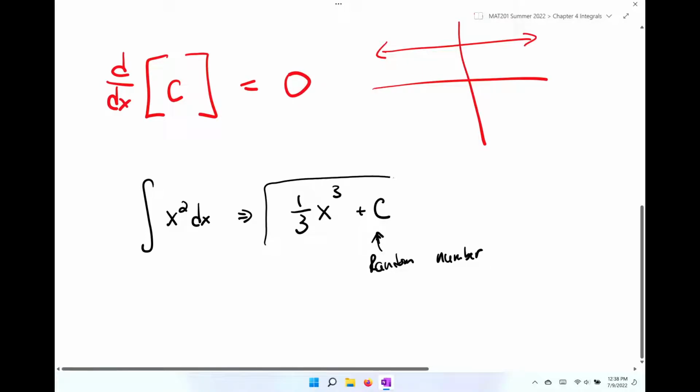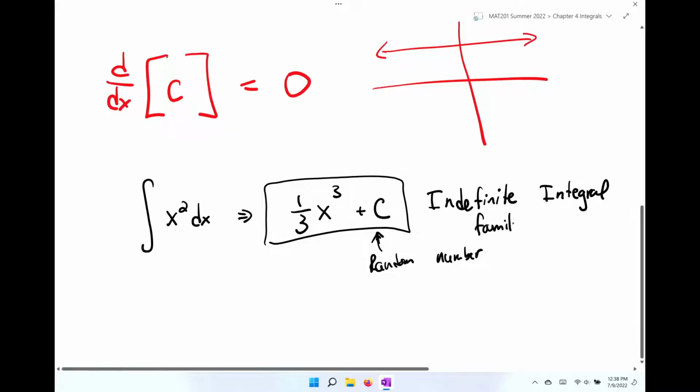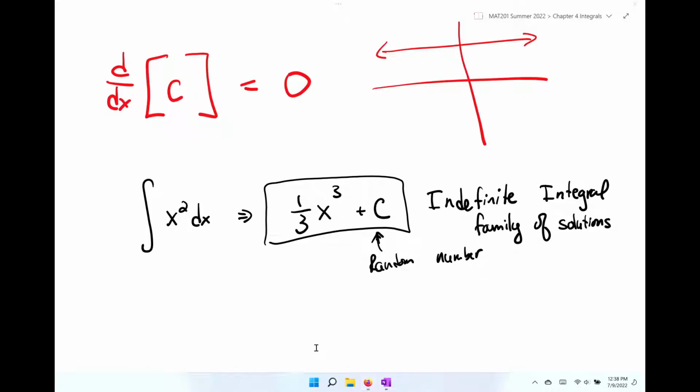Even though this is correct, this is what we call an indefinite integral. You have no idea where this integral is starting or where it's going. You know nothing about it. So when you have indefinite integrals, you will get a family of solutions. For example here, I'm going to pull out Desmos.